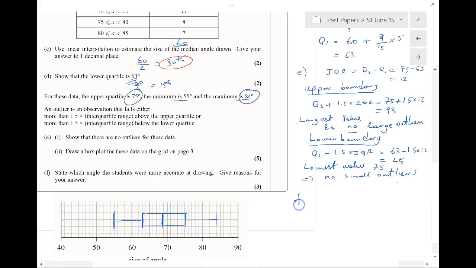Right, now F, it says state with reasons. Well, a couple of things here. The median for 70 degrees is closer.